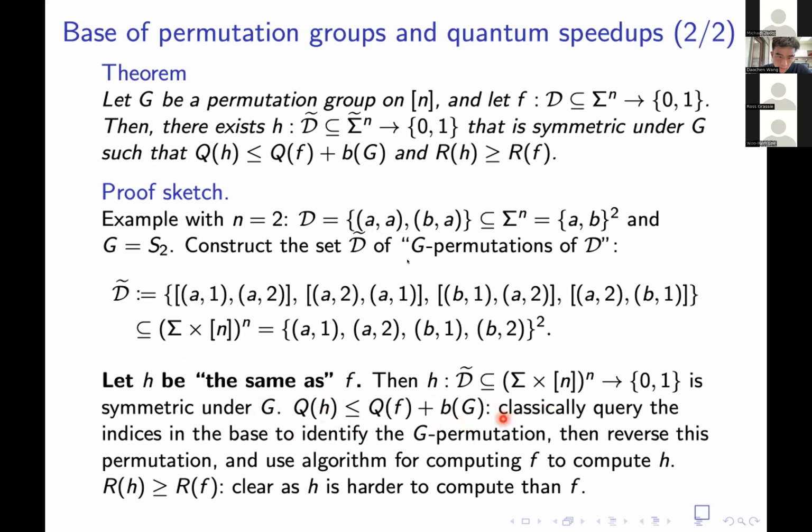We'll classically query the indices in the base of G to identify the G permutation. Then we will reverse this permutation, so that an input that originally looks like A, 2, A, 1 becomes, in some sense, unscrambled and in the clear, in a form that F can take as an input.